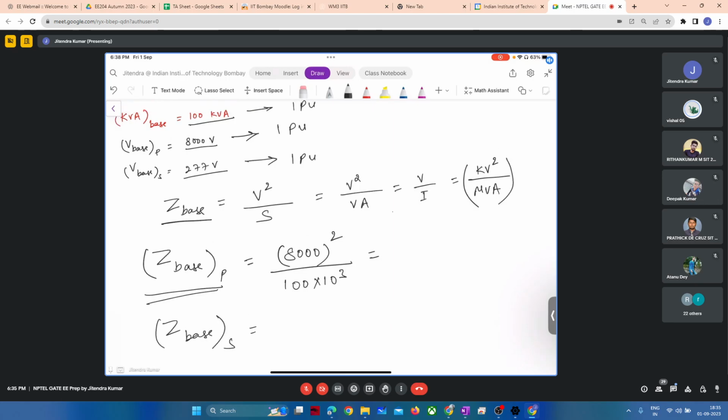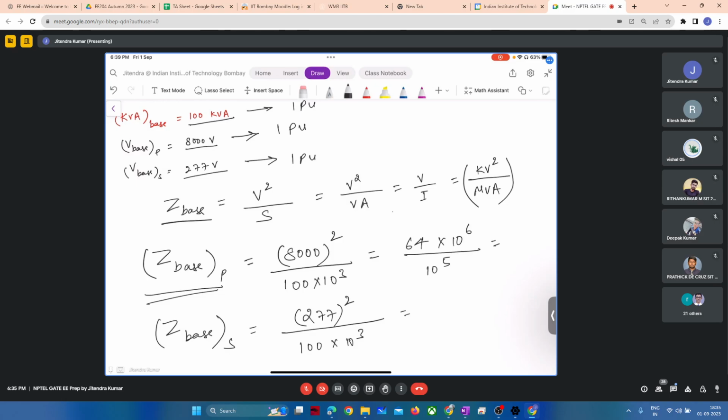You can calculate it as 277 square divided by 100 kVA. So it will come out to be 64 into 10 raised to power 6 divided by 10 raised to power 5. It will be 640 ohm.